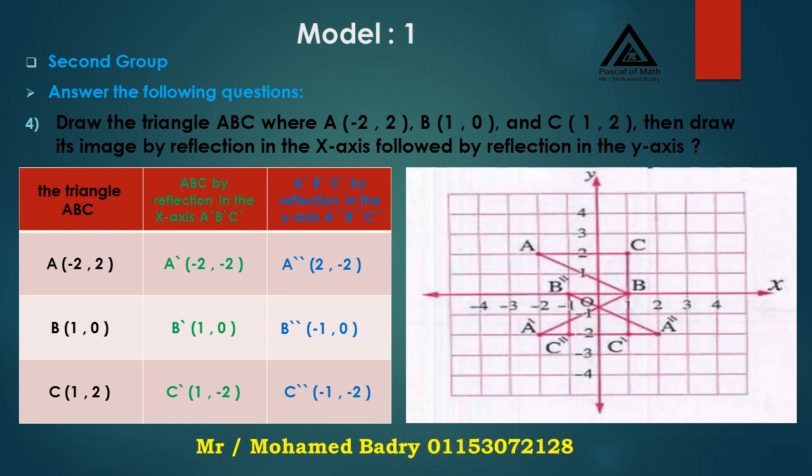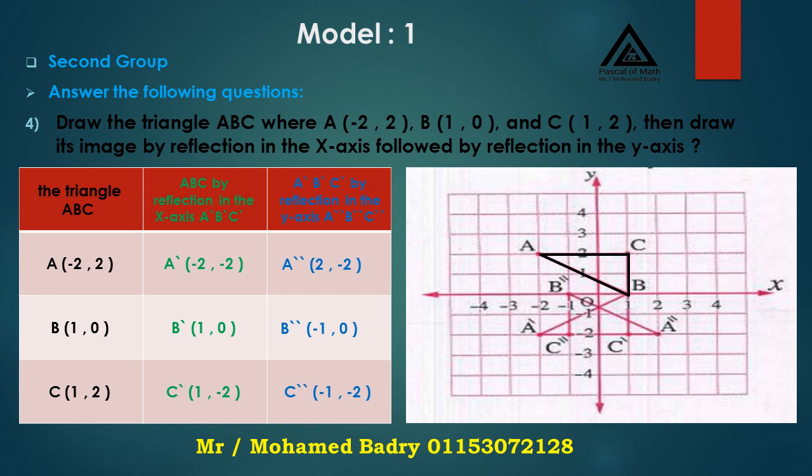Now, in the perpendicular coordinate axes, x-axis and y-axis, we want to draw the triangle ABC. First, put point A equals negative 2 and 2, then B equals 1 and 0, then C equals 1 and 2. Second, match them, this triangle ABC.